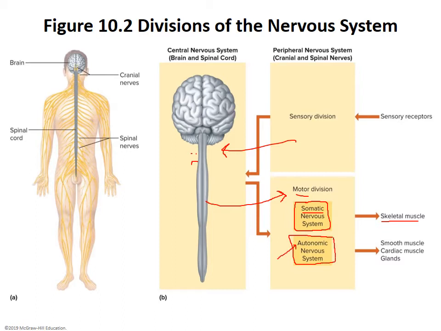The autonomic nervous system is the automatic pilot of our motor division. It is the things that are functioning underneath our conscious control. So that is smooth muscles and cardiac muscles and glands. Remember when we looked at the muscles, skeletal muscle was the only one we had voluntary control over, and the two involuntary control muscles were the smooth and the cardiac. So it just makes sense.